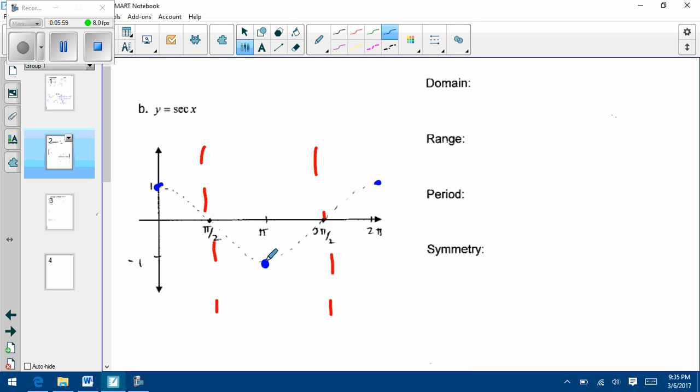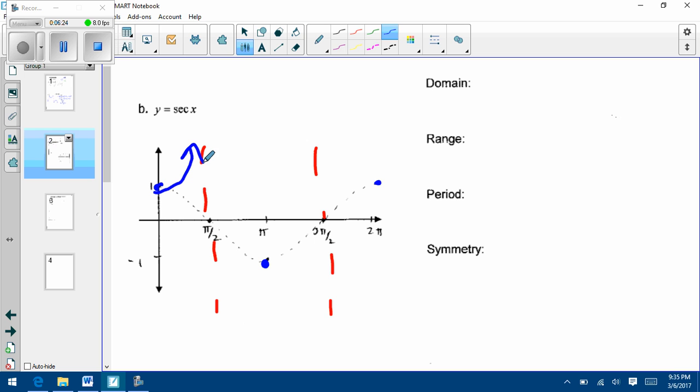So if I think about what happens as I approach, for example, from 0 to pi over 2, since the value of cosine is decreasing there, think of y values like 1/2, 1/3, 1/4, the graph of secant would be increasing. It would go from 2 to 3 to 4 and so on. So you wind up getting a curve that approaches the vertical asymptote from 0 to pi over 2.